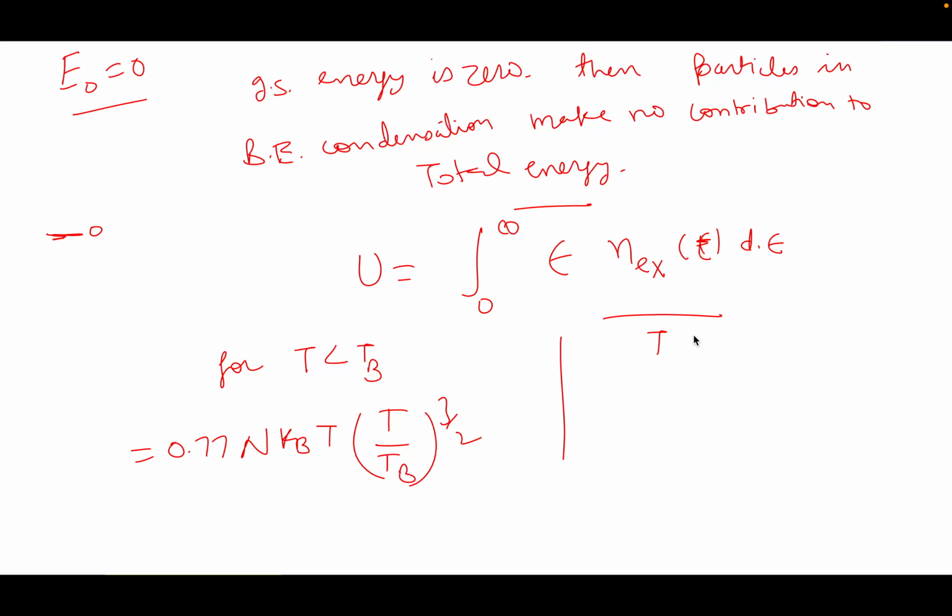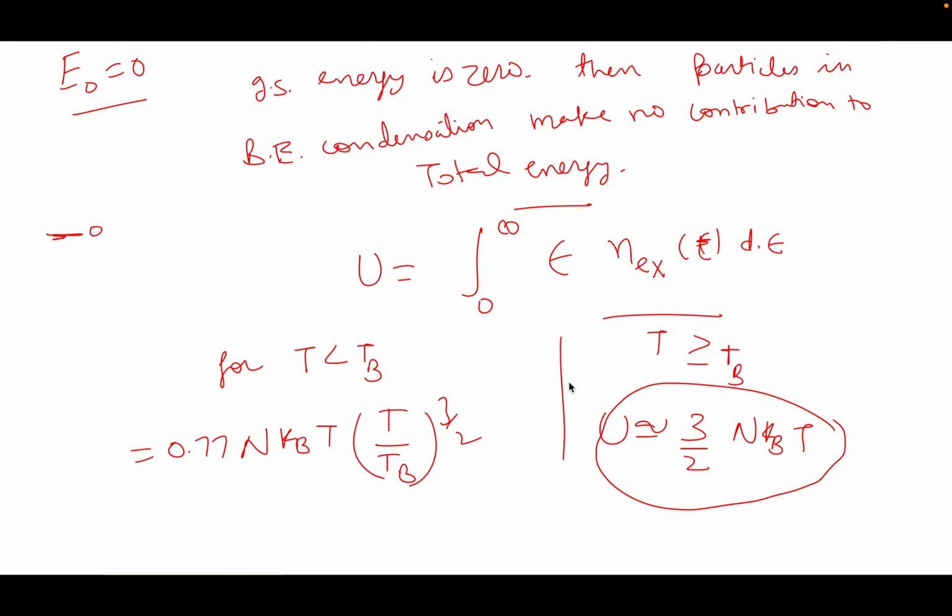I am just writing the formula, the expression was already derived in the class. And for temperature greater than or equal to Tb, at larger temperature, it is nearly equal to 3/2 nkBT. This is just the Boltzmann distribution, at high temperature it follows the Boltzmann distribution, 3 by 2 nkBT.